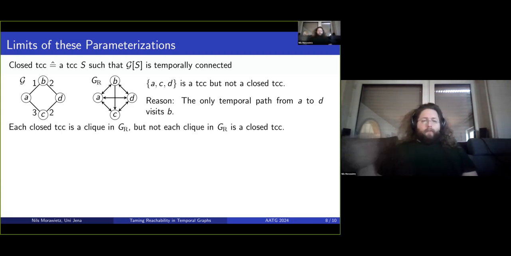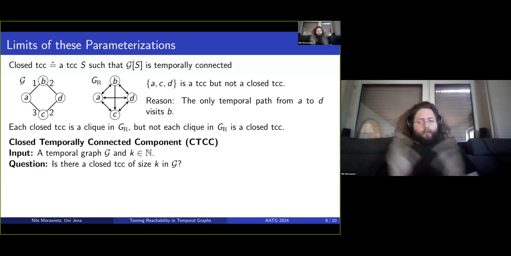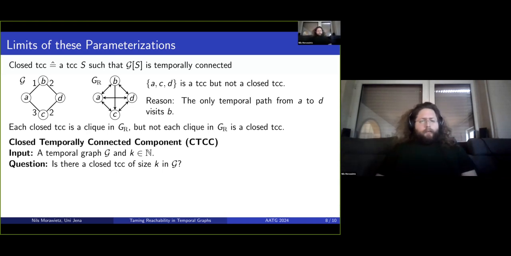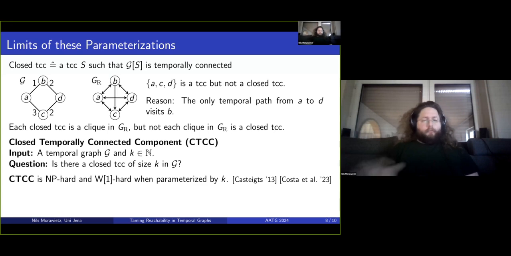If I have a clique in the reachability graph, it is not necessarily a closed TCC. And if we then define a problem based on these closed components, where we ask for a closed component of size at least k, then it is again NP-hard, a known NP-hard and W1-hard problem.